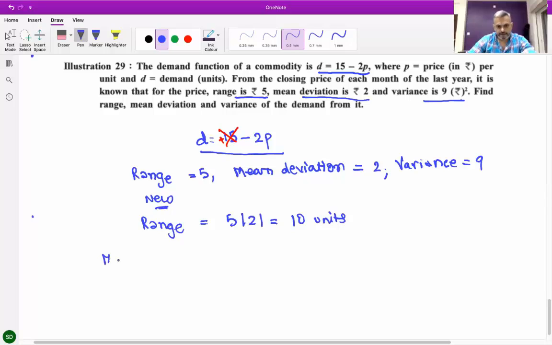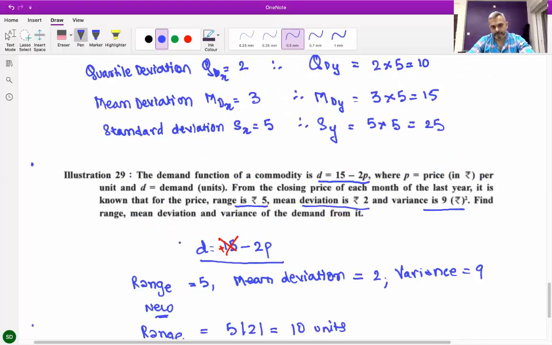Then mean deviation is equal to 2 into modulus 2, which is equal to 4 units.